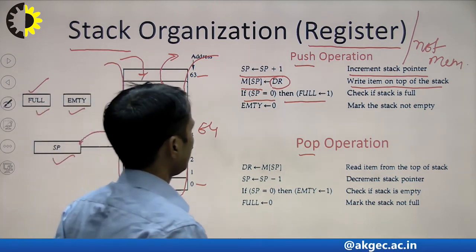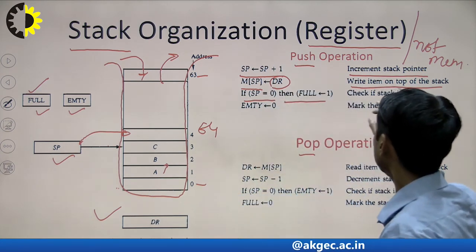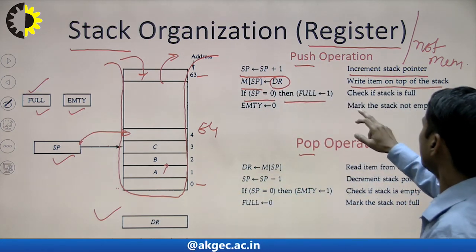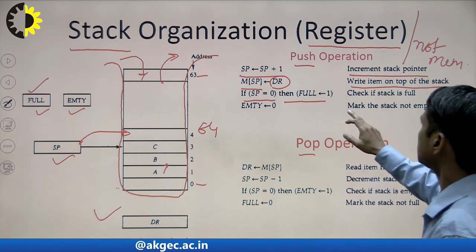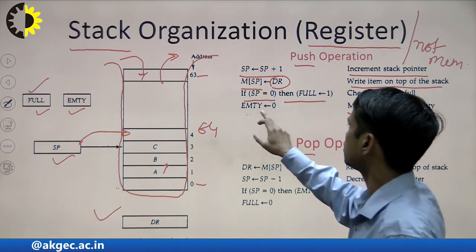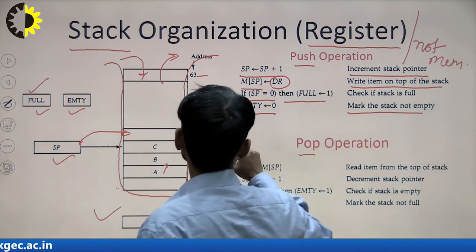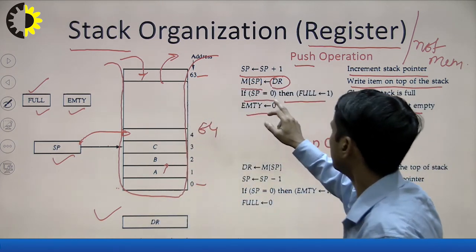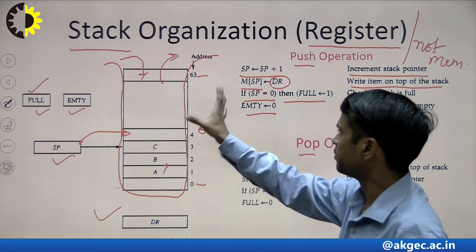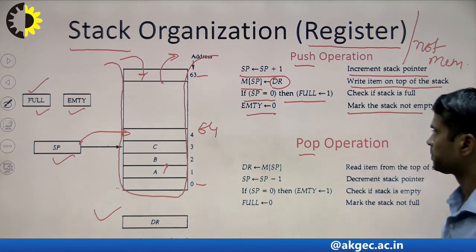Okay, so it will tell that the stack is full, and if it is not, then we mark that empty equals 0. Basically we say that the stack is available for filling.